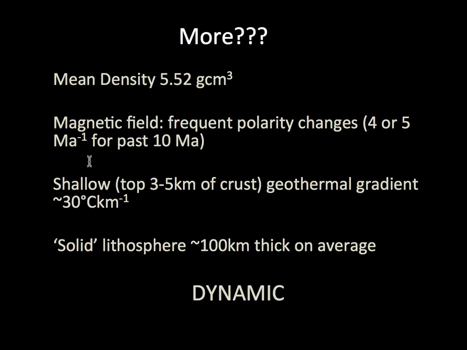And as I've said in an earlier lecture, we do know that the intensity of the magnetic field varies enormously as well. And at the moment, the magnetic field is definitely weaker than it has been, degrading in strength over the past few hundred years, and is certainly not as strong as it was a few thousand years ago.